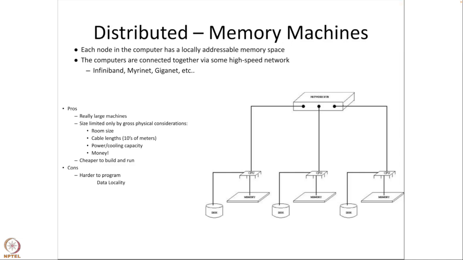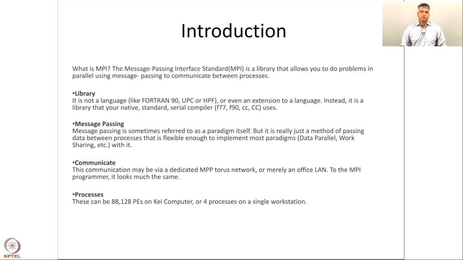So now let us see how we effectively program these machines. One of the effective standards for programming such distributed memory machines is called the message passing interface, or the MPI library. It essentially does communication between several processes which are running on different computers.